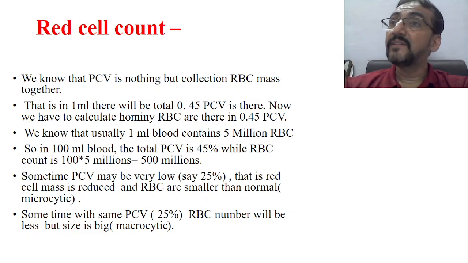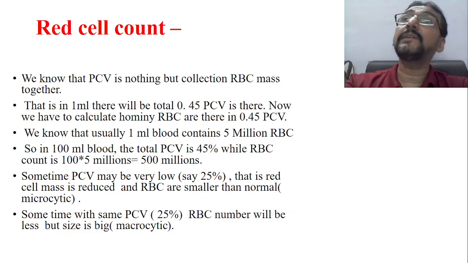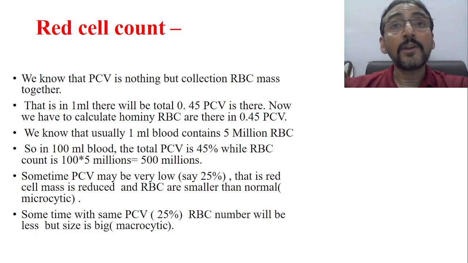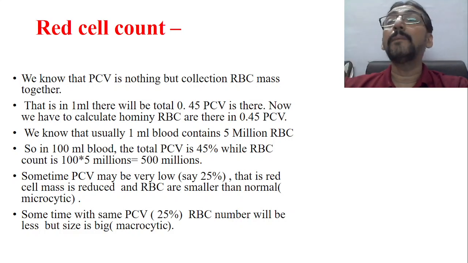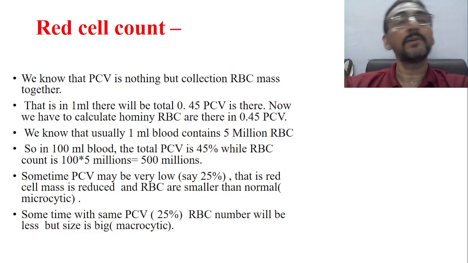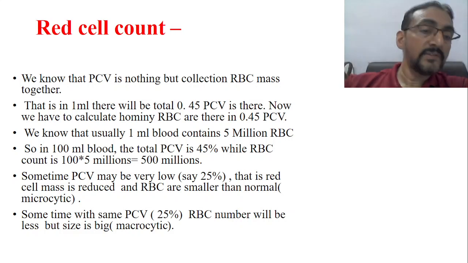Although PCV is raised about 65% in 100 ml of the blood, as RBC size itself is very big, it occupies more volume. तो RBC 5 million होना चाहिए, RBC तो उसको 2 million ही है, but the size of the RBC is very big, it is macrocytic. Now still it shows a high PCV value. Got the point? So PCV may be changed in case of microcytic anemias, and PCV may be changed in case of macrocytic anemias. Okay, so this is point number 1.